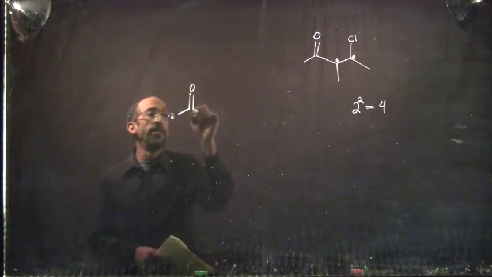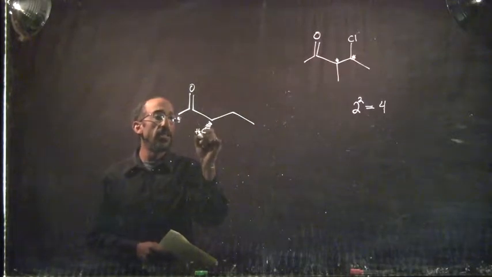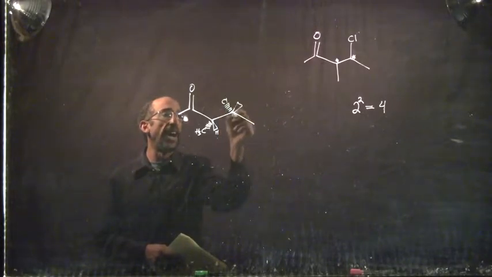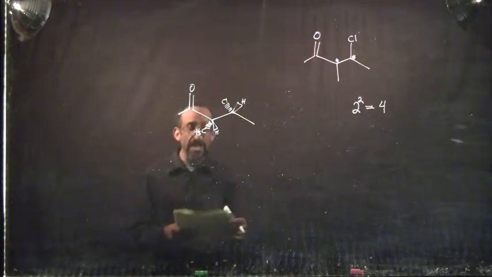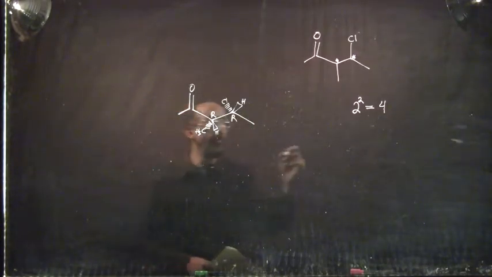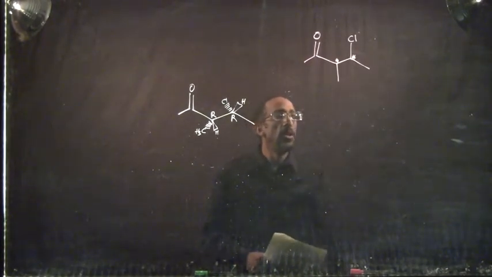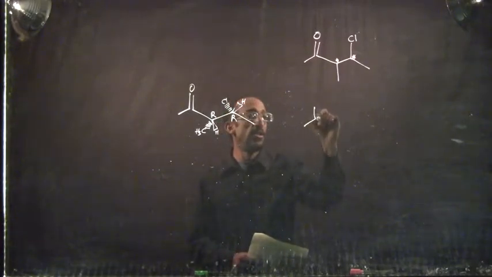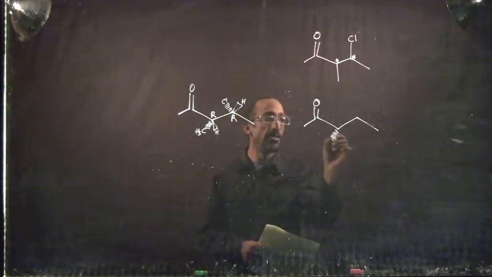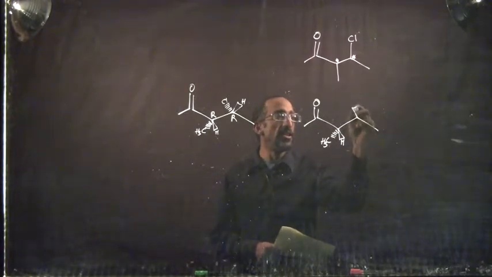So we could have one where our methyl group is on a hash and our chlorine is also on a hash, and we would find, after assigning absolute configuration, that both stereocenters are R. We could also have a situation where our methyl group is on a hash and our chlorine is on a wedge.